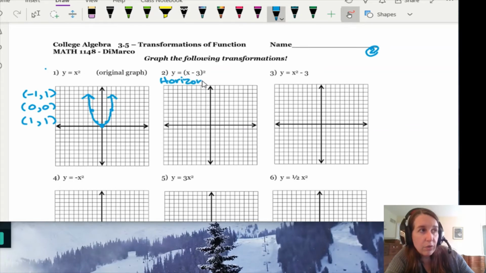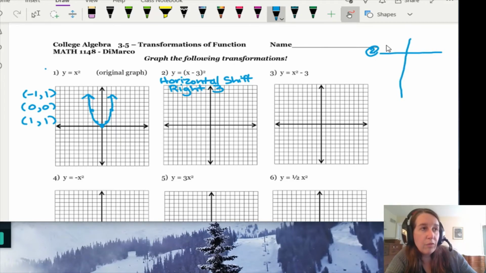So this is a horizontal shift. Notice that it's x minus 3. So we would need to put in 3 for x in order for that to be 0, like 3 minus 3 is 0 squared, 3, 0. So this is a horizontal shift to the right by 3.